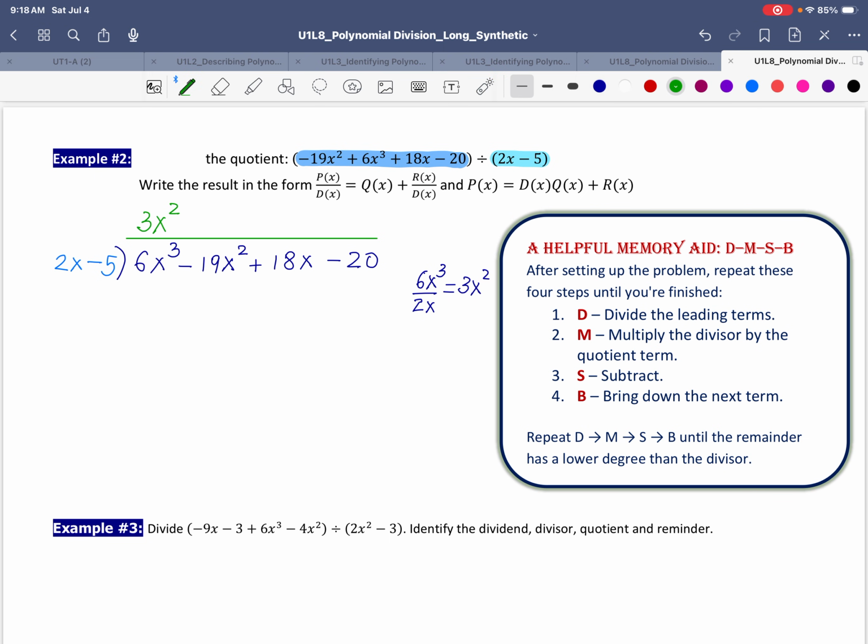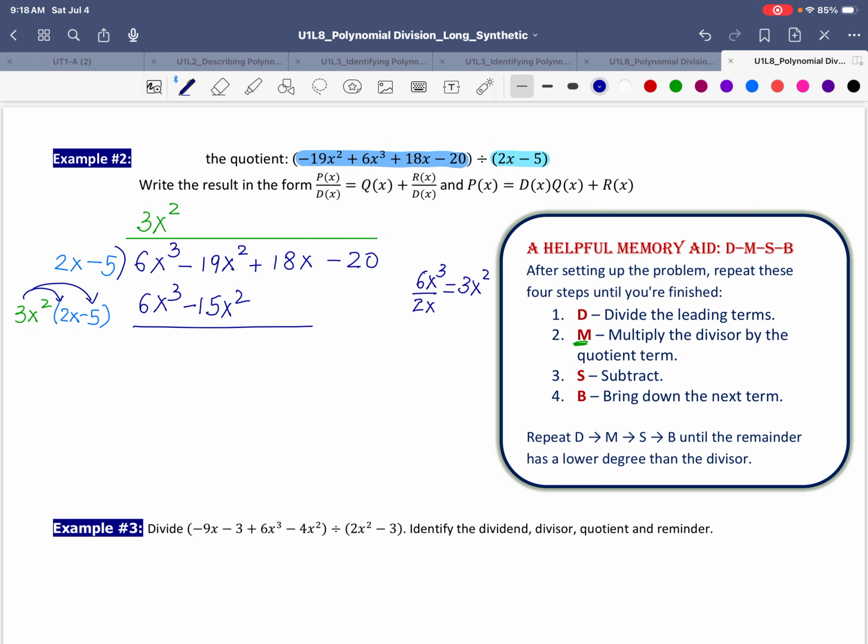Now we are in letter M this time, and we multiply 3x squared by 2x minus 5. Whatever we get in the expanded form will go right under the polynomial. So we have 3x squared times 2x, 6x cubed, and 3x squared times negative 5 is negative 15x squared.